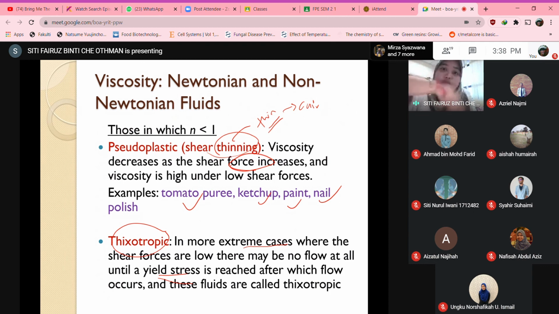Tapi bila you start kacau kuat, dia dah exceed certain force tu, once you exceed that force point, dia punya viscosity akan berubah, dia akan jadi thick. Tu thixotropic. Kalau korang kacau saja tu dia tak rasa sangat. Tapi you start to put a very huge force, lepas tu dia akan change dia punya property untuk jadi lebih thick.